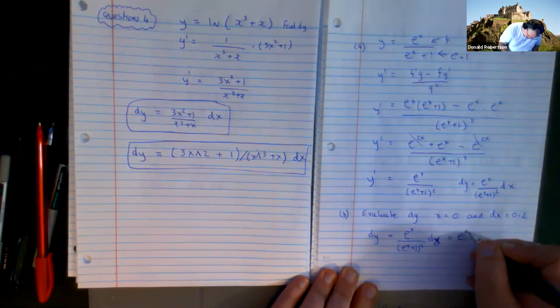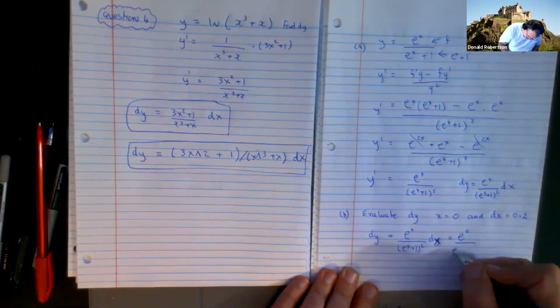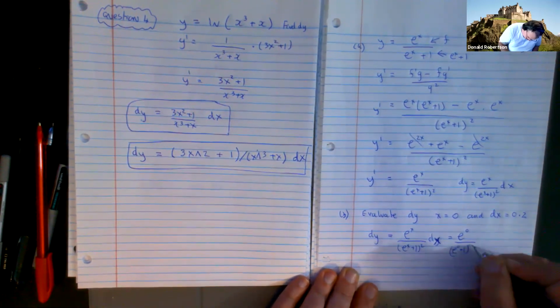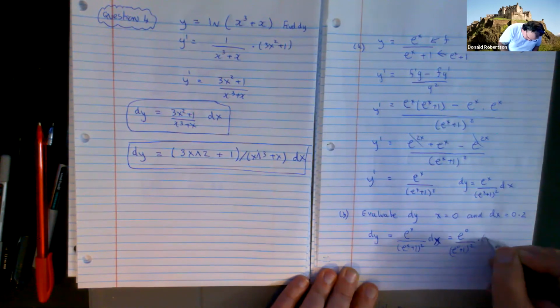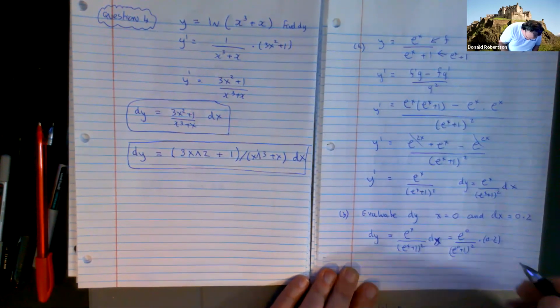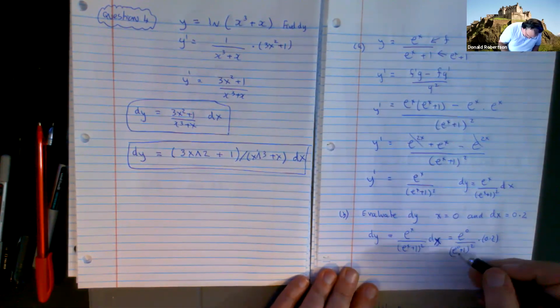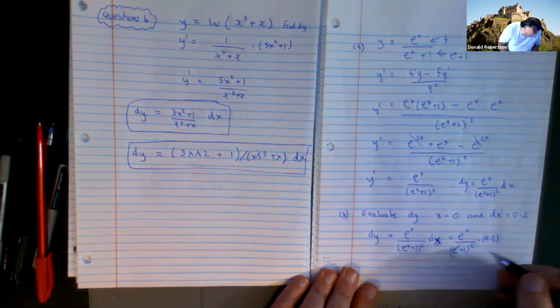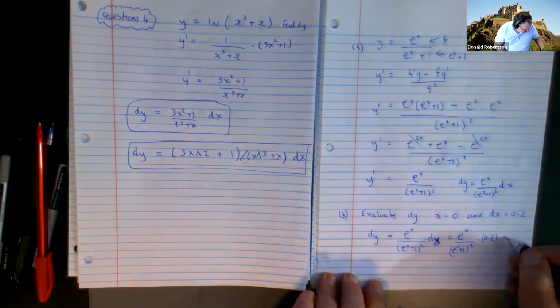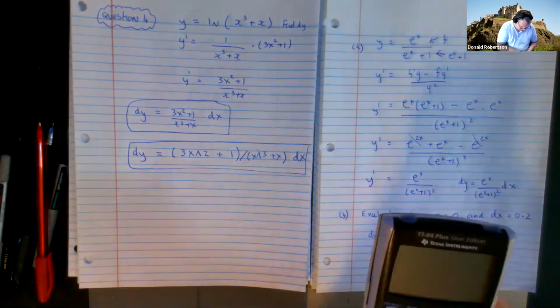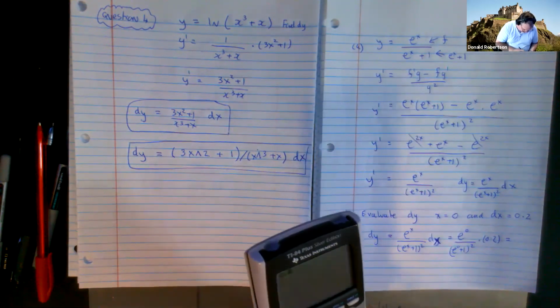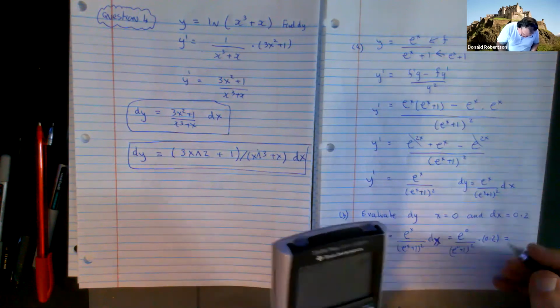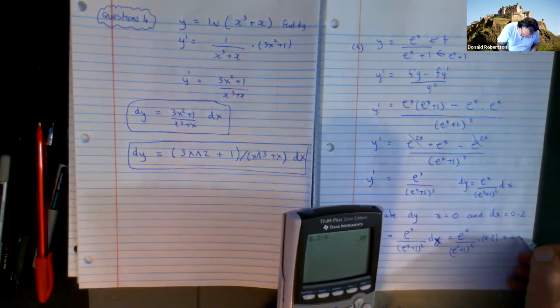So it's going to be e to the 0 over e to the 0 plus 1 squared times 0.2. And that's 1, and that's 1 plus 1, which is 2, and 1 plus 1 is 2, so that's 1 over 4. And 0.2 divided by 4 gives me 0.05.